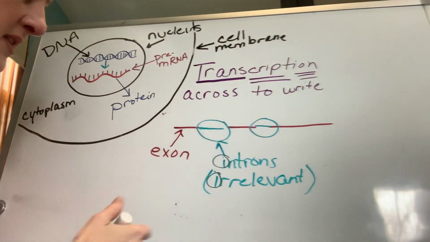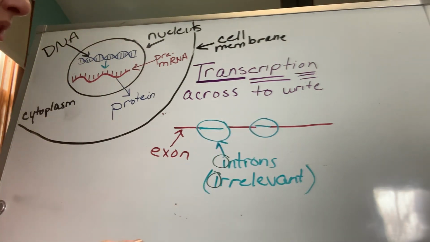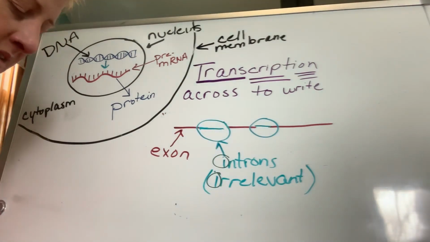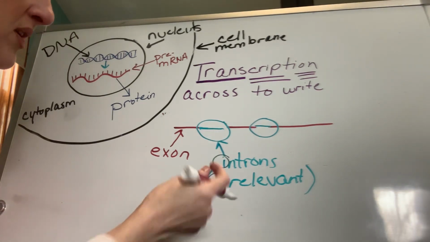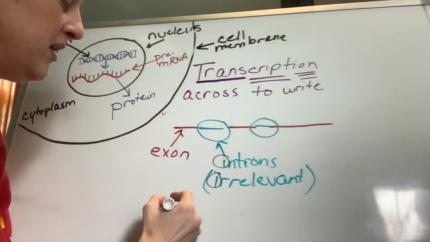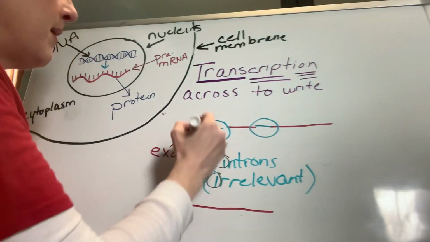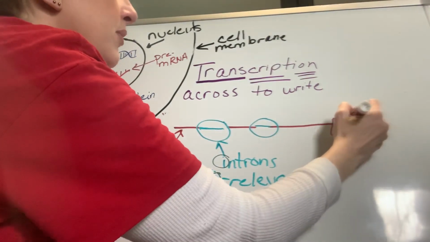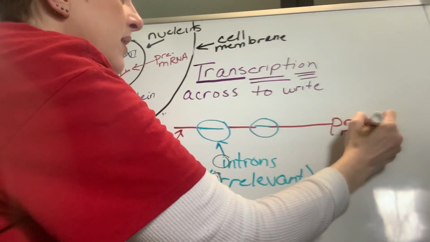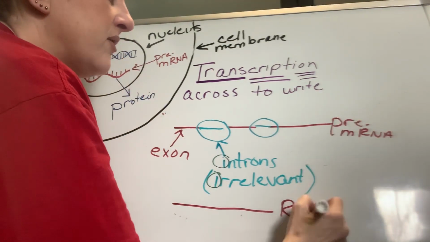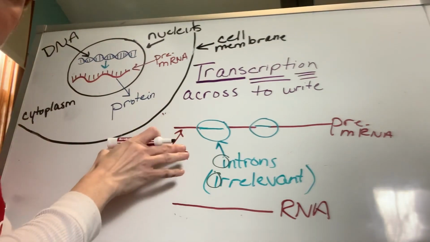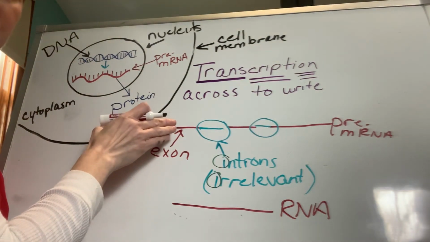So what happens is your body will cut out, again, not chopping, but your body will actually remove that from the pre-mRNA strand, and you will wind up with mRNA. So here's going to be my pre-mRNA strand, and this would be my RNA strand. And notice again, just visually looking, it's shorter.